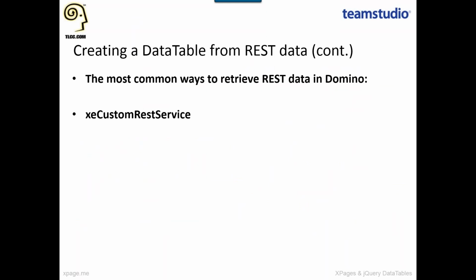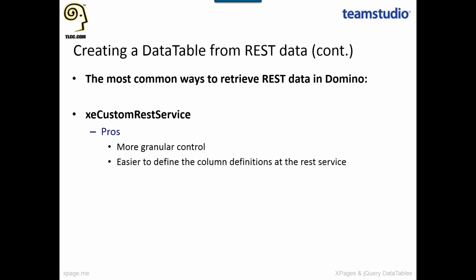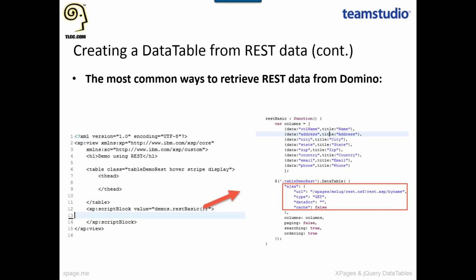The next most typical way of getting REST data is through creating a custom REST service. The pros of this versus the View JSON service is you're going to have more granular control over the information coming back from the server. It's easier to define the column definitions. Back in this example, we define the columns in our client-side JavaScript.